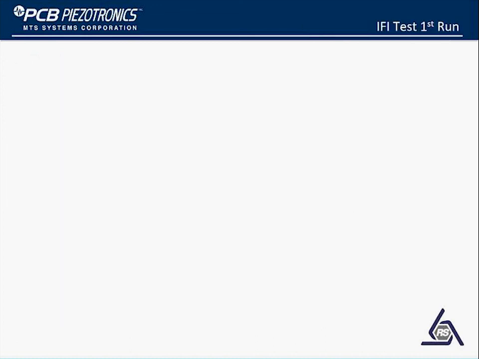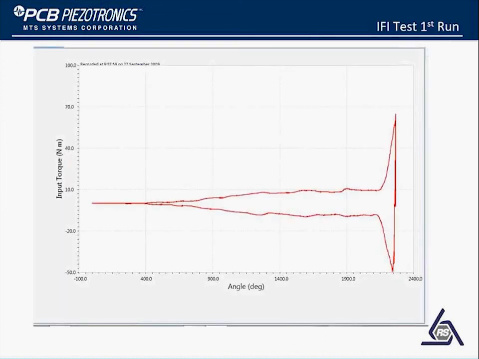So what we might see on our first run of an IFI test is something that looks like this, where we start on the right side and we increase our torque as we engage our prevailing torque feature in our lock nut. At some point, we begin to contact that lock nut against the test washer, and our torque will increase as we continue to tighten the joint until we get to our upper clamp load value where the test is stopped.